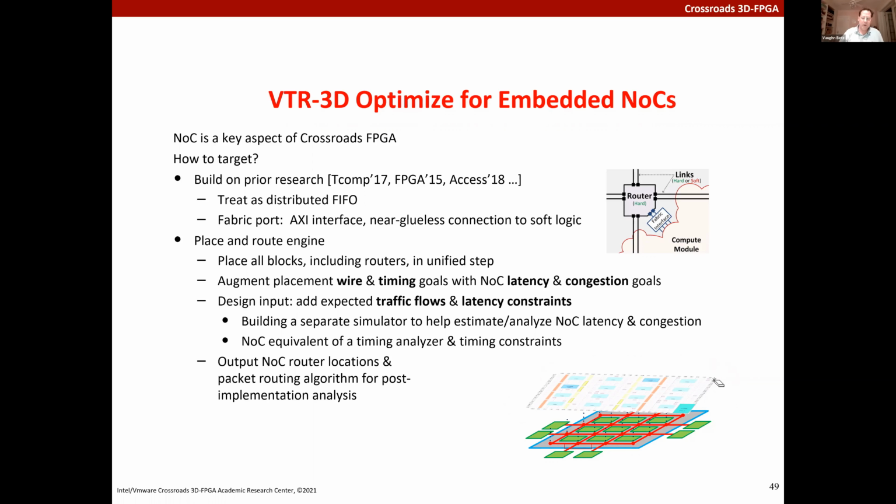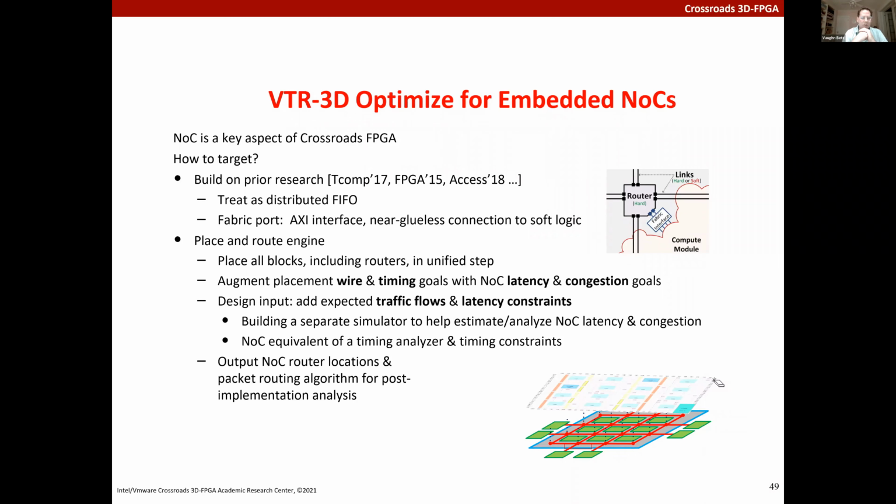But that is linked with a base die that's connected through silicon vias that has an embedded network on chip, so that we have a new coarse-grained interconnect that we can use to link things, and has a variety of heterogeneous blocks. So accelerators, memory. Part of the Crossroads project is to figure out what's the best stuff to put on that base die. So the NOC is really a key part, so we need to target it inside VTR. So how do we do that?